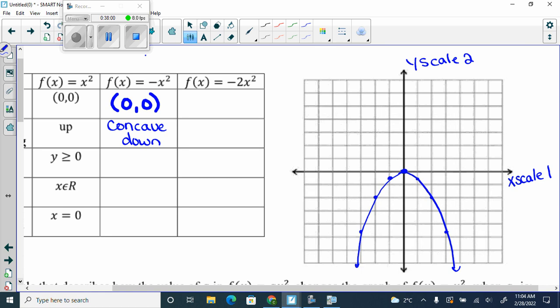So my range is going to be squiggly bracket, which means the set of y values such that y is less than or equal to 0. Y is an element of the reals. Now I'm bulking up. What's my domain?